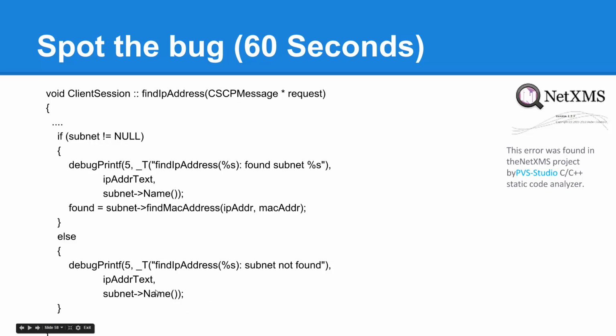This will be evaluated before debug printf is called, and the results will be passed on the stack. But if subnet is null, this is perhaps a vulnerability if an attacker can populate the null page, and perhaps use this as, say, a privilege escalation or some other form of exploitation.